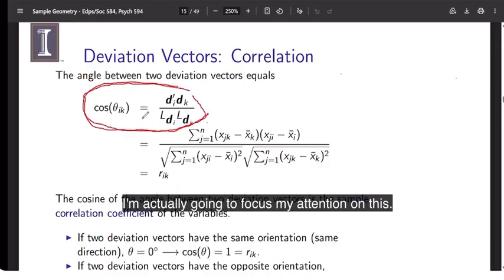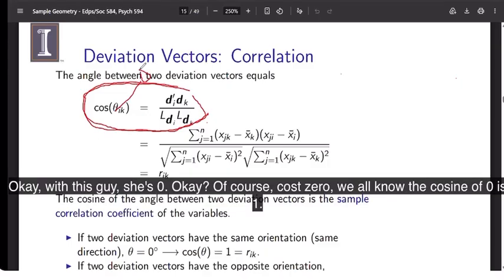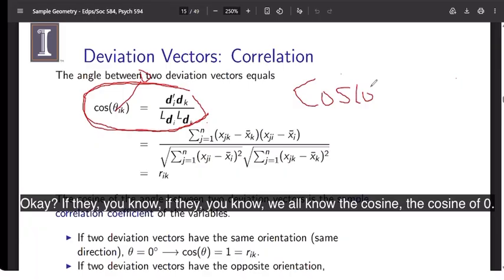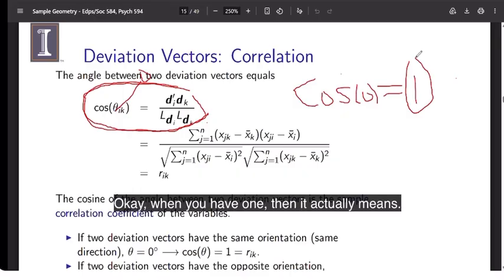When the angle is zero, of course, we all know the cosine of zero is one. And do you know what it means when you have one? It means the two variables are perfectly correlated.